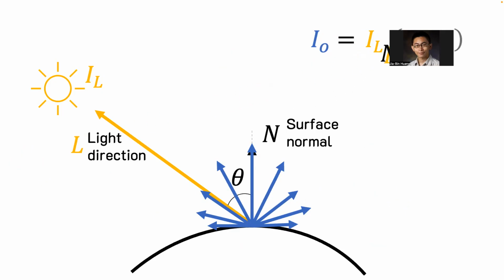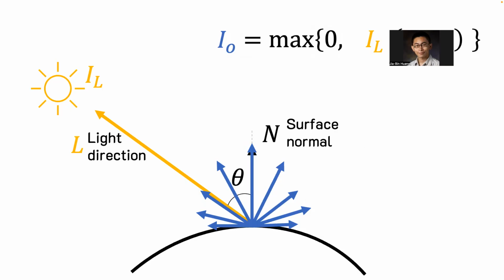By the way, I can compute the cosine theta by taking the dot product of the direction of the light and the surface normal. And because there's no such thing as negative light, but the dot product can be negative, you need to cap this at 0.